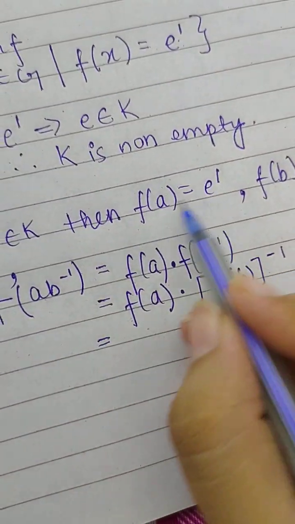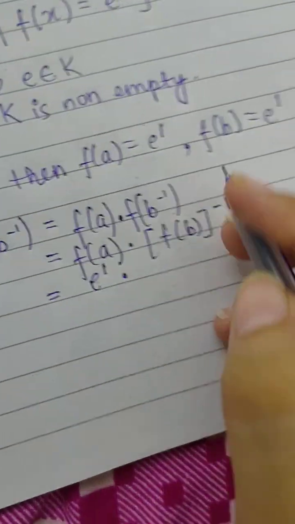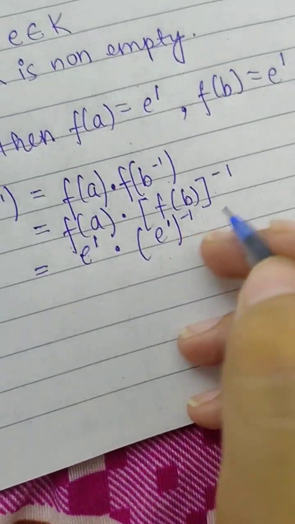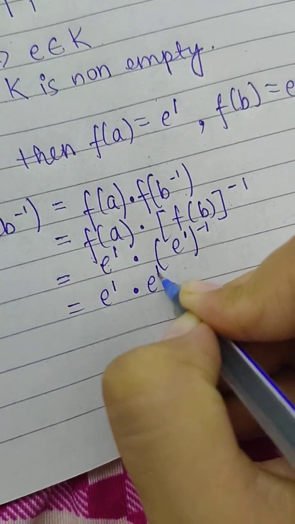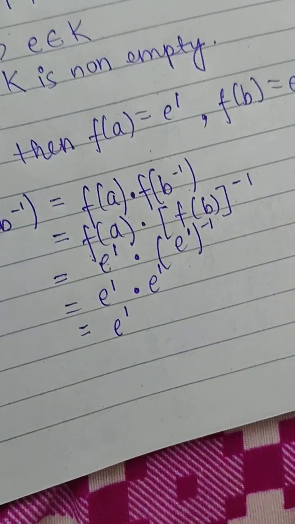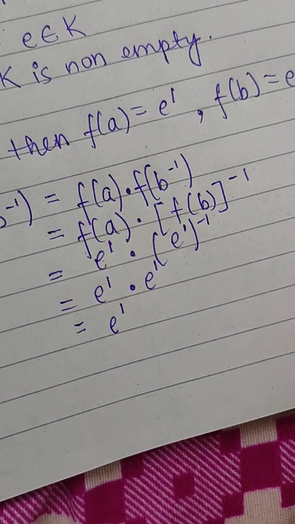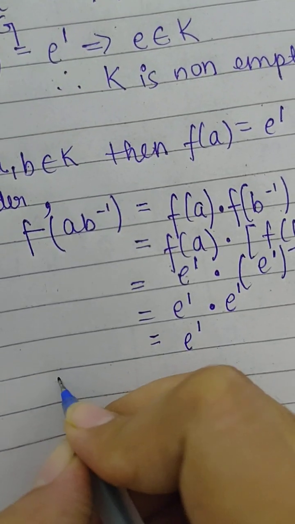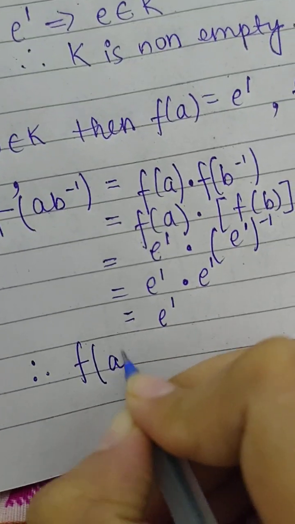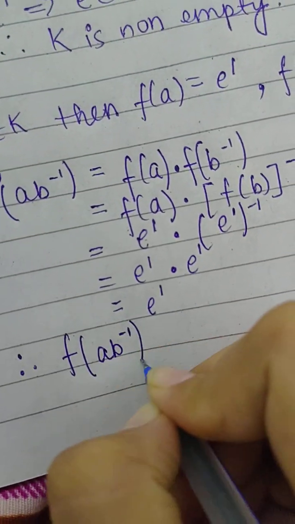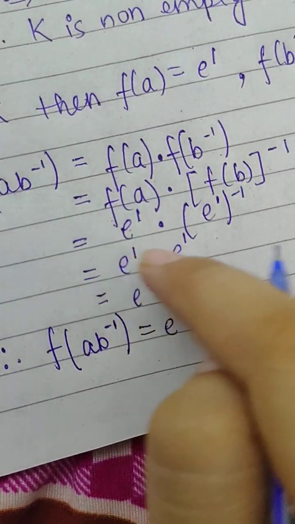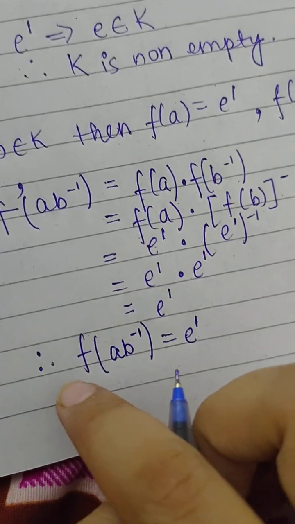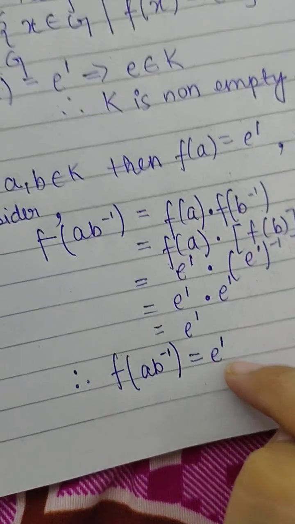It is e dash. And what is f of b? e dash clearly. e dash inverse is e dash. Then e dash operation e dash is e dash. So what we found is that f of a b inverse is equal to e dash.